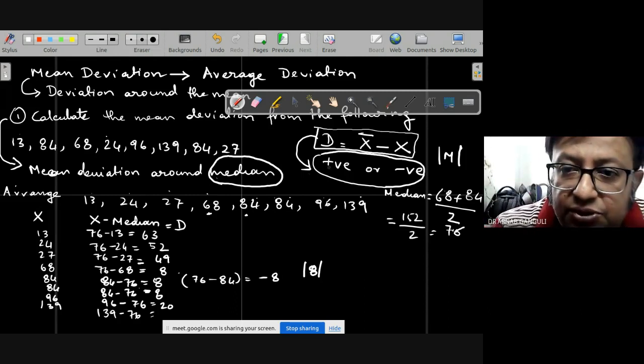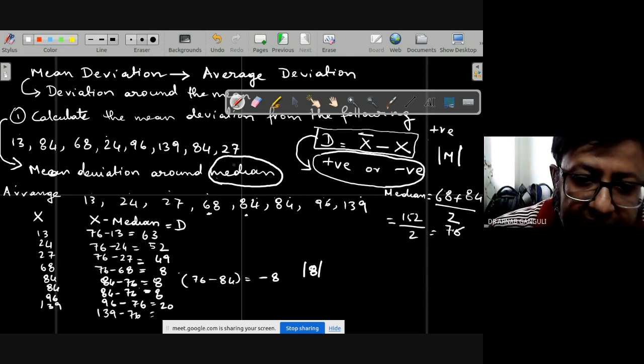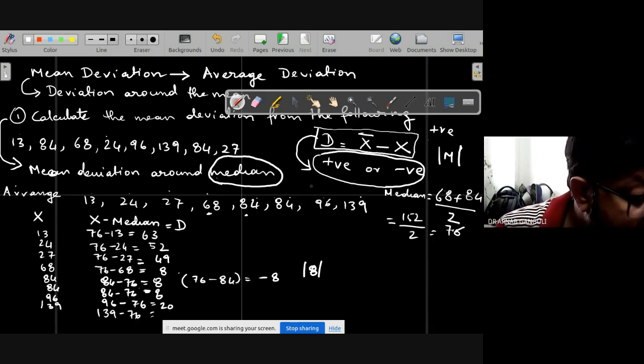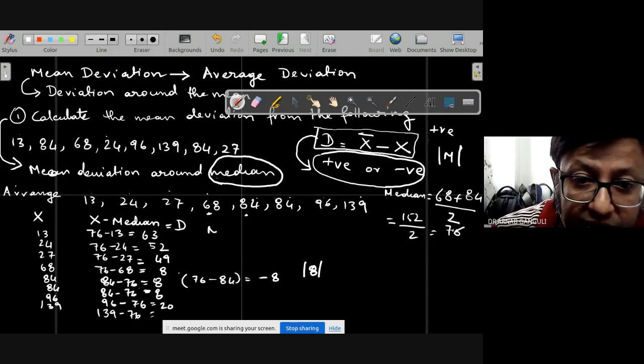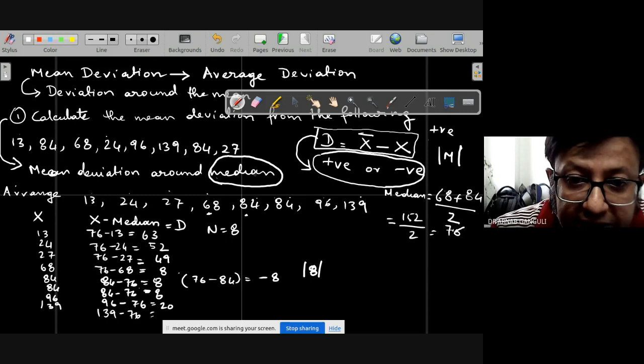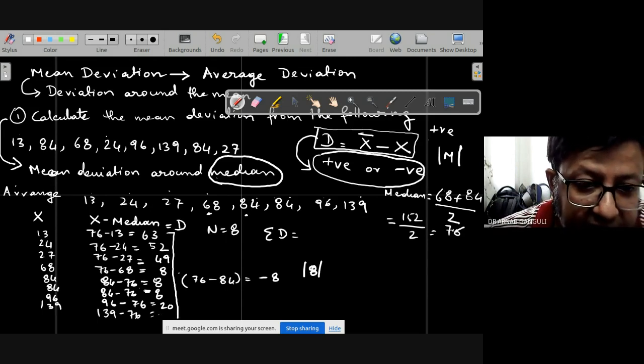Okay, so use a modulus. So positive or negative, the value will always be positive. So n is equal to 8. Like Cornali said, n is equal to 8. And so sigma d, if you add all of them together, oh, acha, এটা তো আমি করিনি, তাহলে 63.